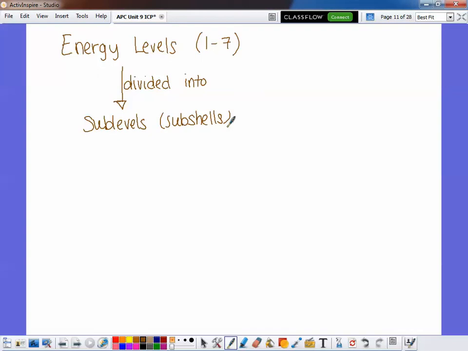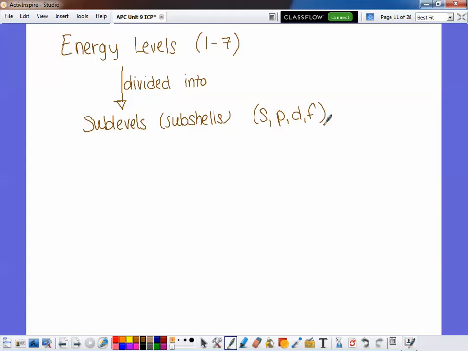What are our sublevels called? S, P, D, and F. And they have names. It's like sharp, principal, diffuse, and I can never remember what F stands for. But there's real names for it. And it's all physics. It's magic. It's that physics that we don't like to discuss. All right.